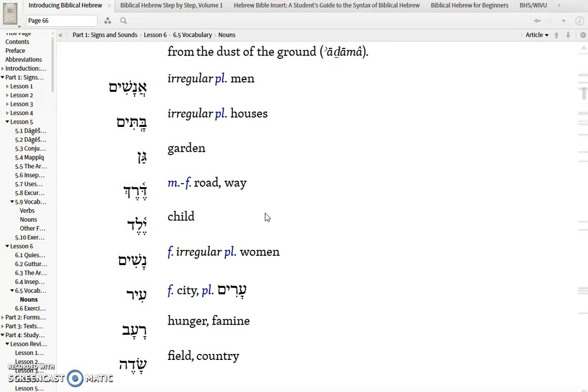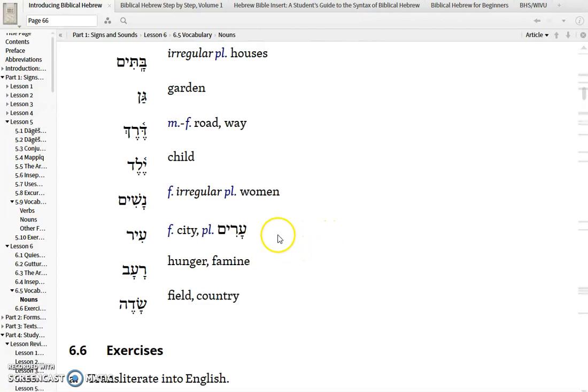And then you have the word yeled, child. How you memorize this is up to you, but I always thought of it as a little boy yelling, yeled, child. The word for woman is isha, but the plural of the word woman is nashim. And because it's irregular, he gave it to you as just a separate vocabulary item.